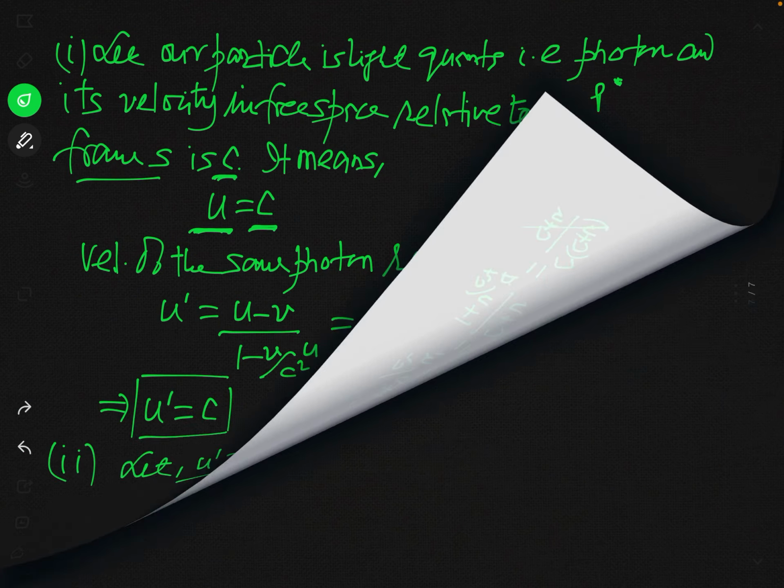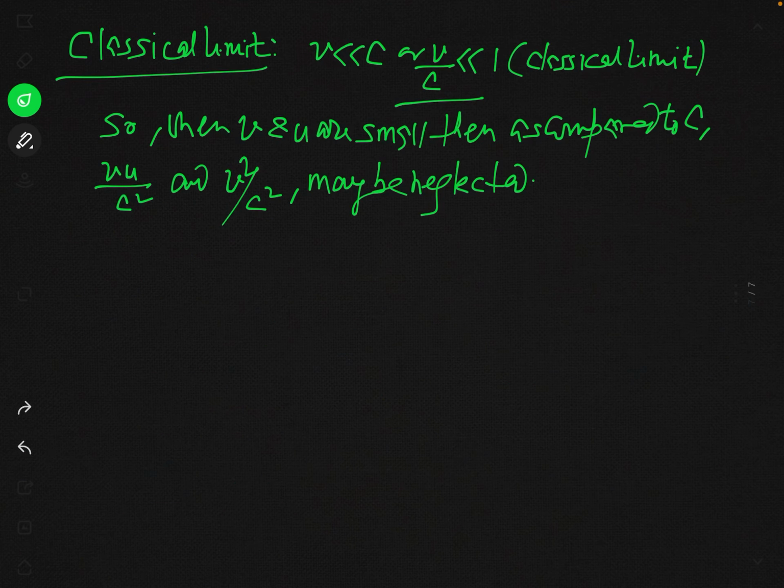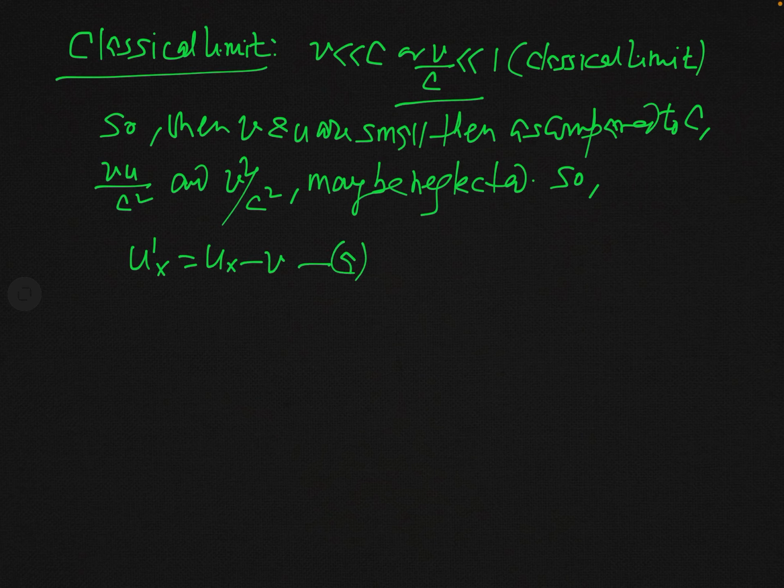And so after neglecting those terms, the velocity transformation equations will be u prime x equal to ux minus v, u prime y equal to uy, and u prime z equal to uz.